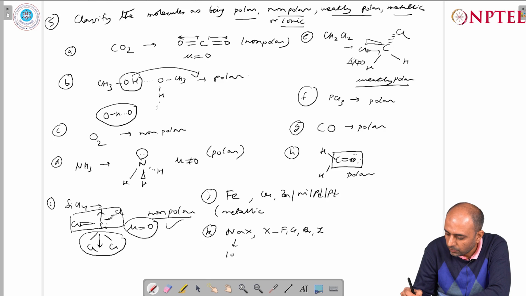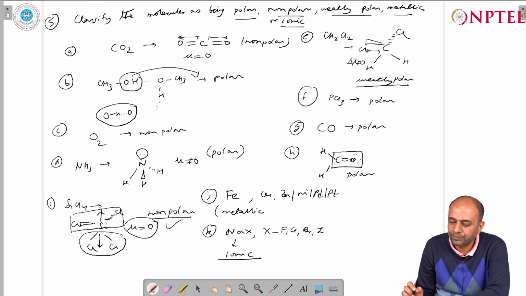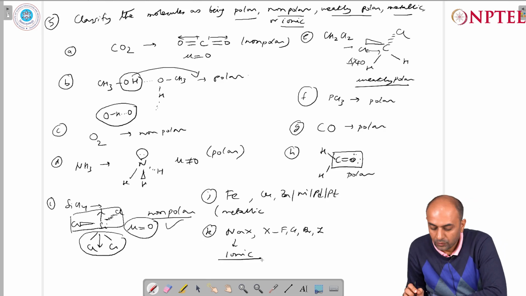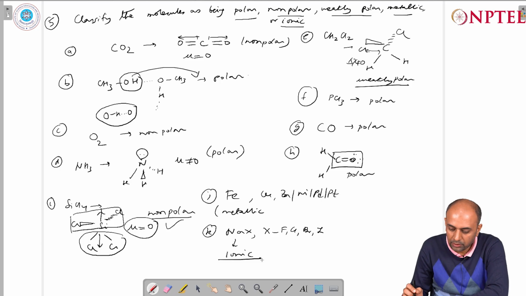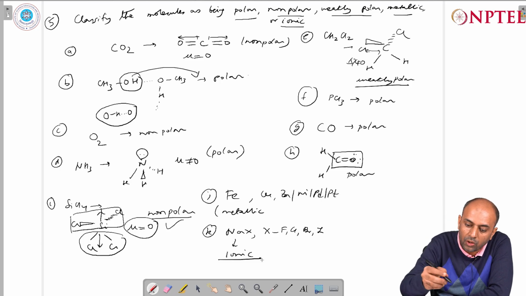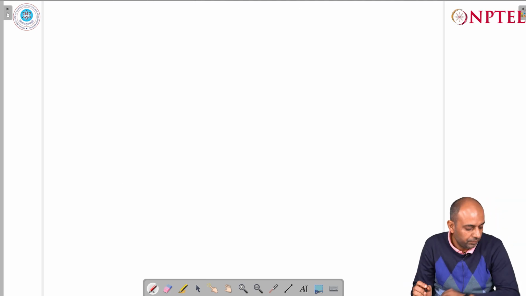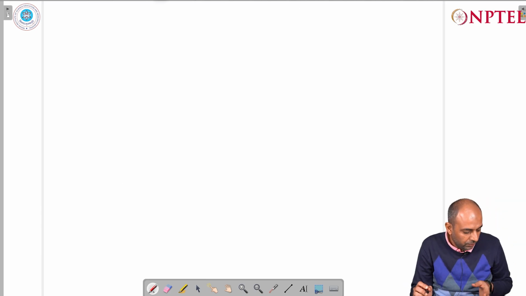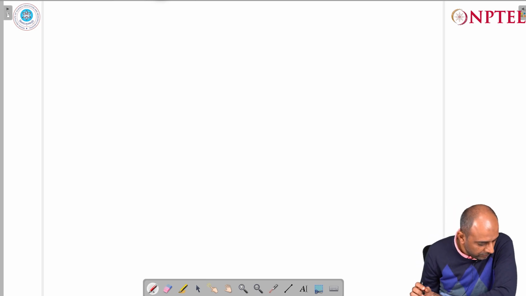These are all ionic species. So overall, these are another set of very interesting examples of species being polar or non-polar. Now let us take another set of examples where we will talk about molecules which are capable of dipole-dipole interactions.